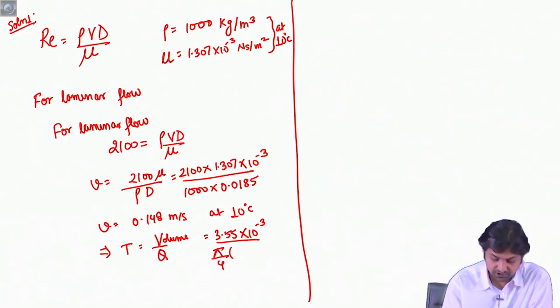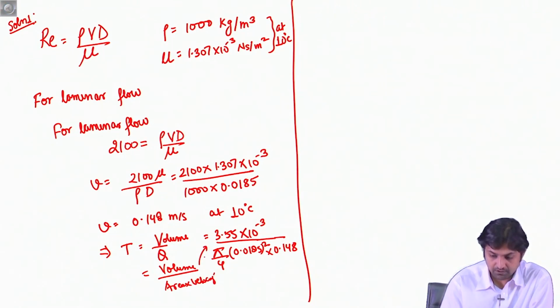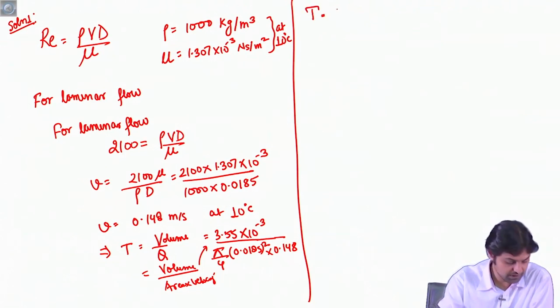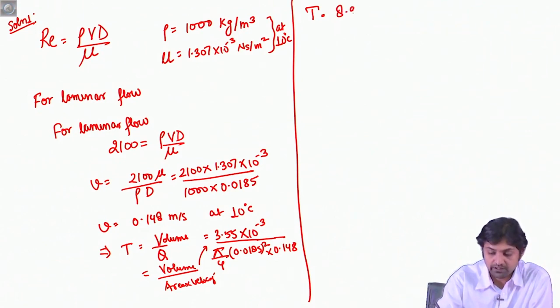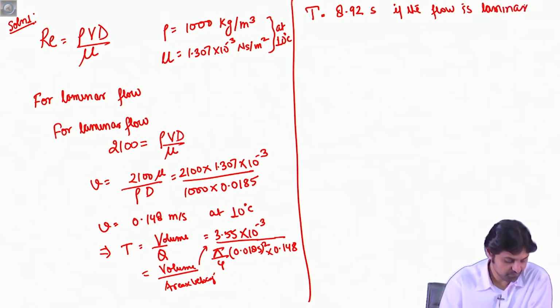Pi by 4 into d square, into velocity, which we have got as 0.148. So I think I should write this step again: volume divided by area into velocity. If you do this calculation, the minimum time taken to fill will be 8.92 seconds if the flow is laminar.